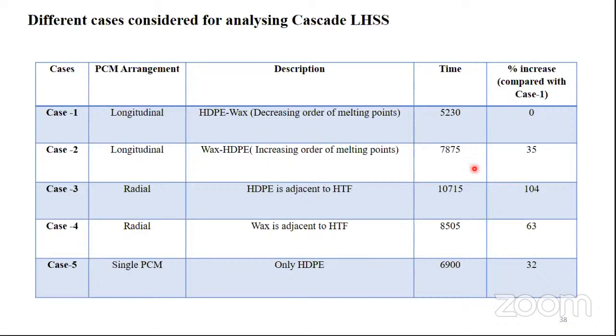So if we are utilizing various combinations, you can see that when we are comparing it with one longitudinal HDPE type of situation, which is being utilized from a decreasing order of melting point, then the radial combination has a percentage increase in the melting time, meaning betterment on the melting time. This is for case 3, where high density polyethylene is adjacent to the heat transfer fluid.